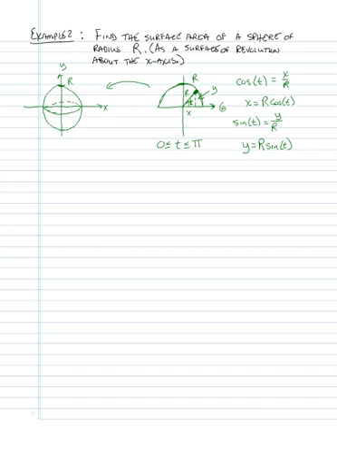So our parametric curve that we're going to rotate is defined in this way. x is equal to capital R times cosine of t. y is equal to capital R times sine of t. And t, our parameter, is between 0 and pi, not 2 pi, pi.